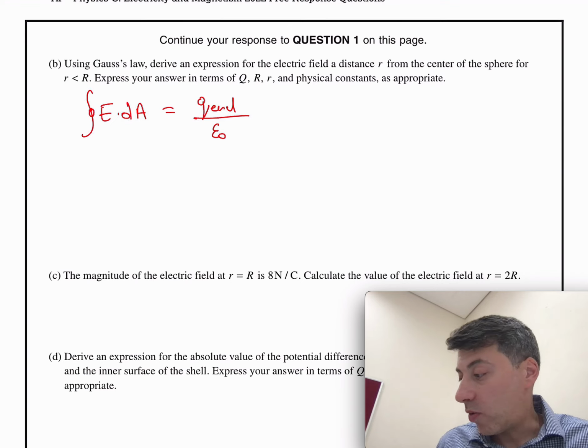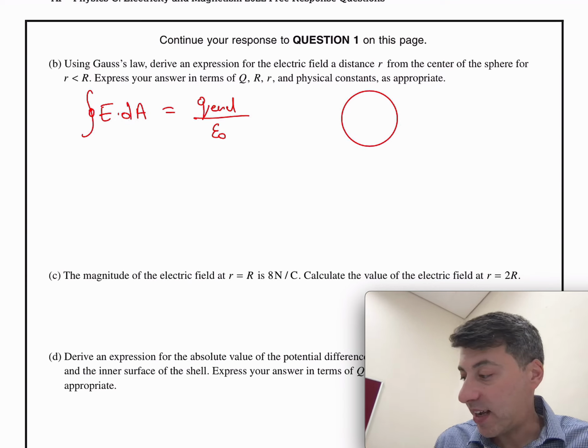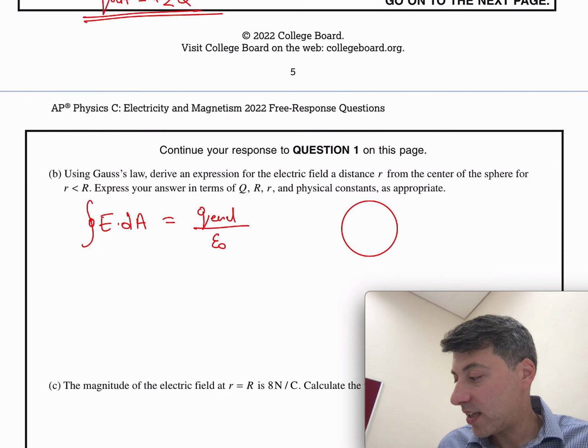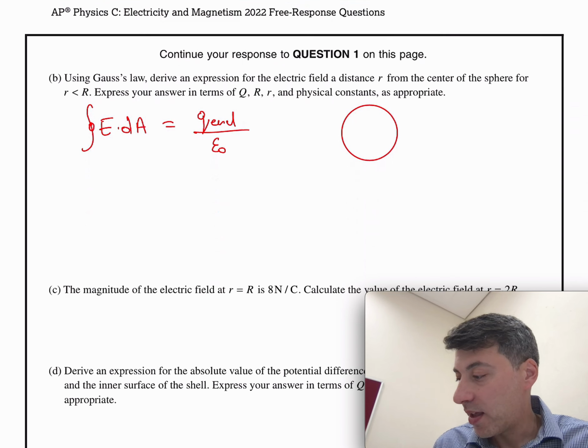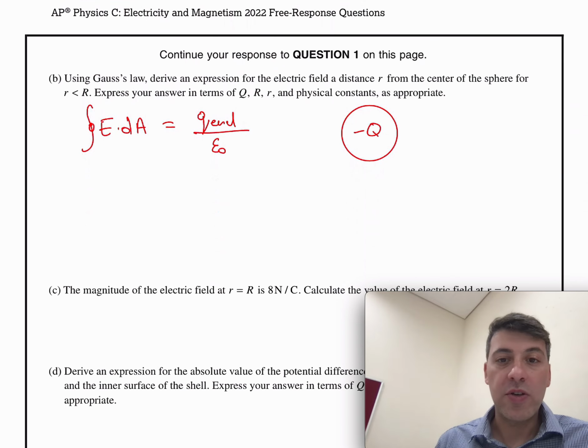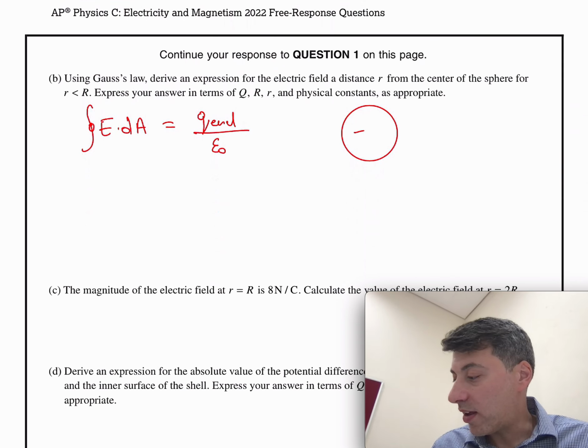Now, what does this mean for our sphere? This sphere has a charge that is, actually I should have said that this is a negative charge. Yes, minus q in total. So on this sphere there is a lot of negative charge. The total value is negative q.